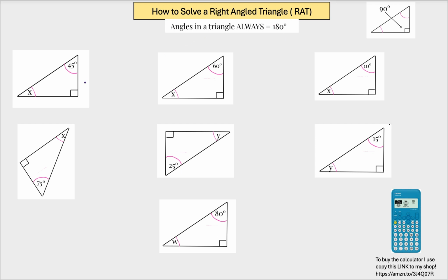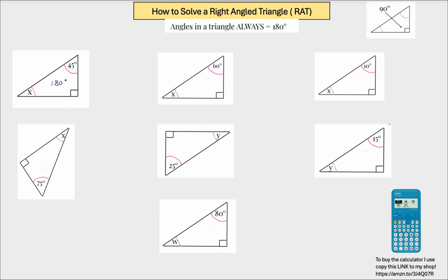So, using both of those bits of information, we're going to solve these very, very basic problems. So, what you do first is when you get a picture like this, you know it's all got to equal 180, okay?